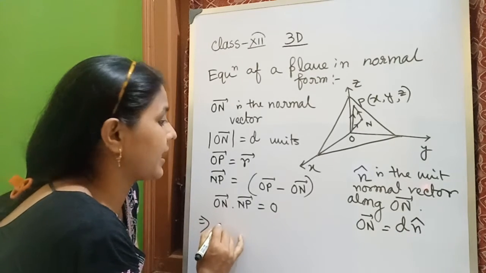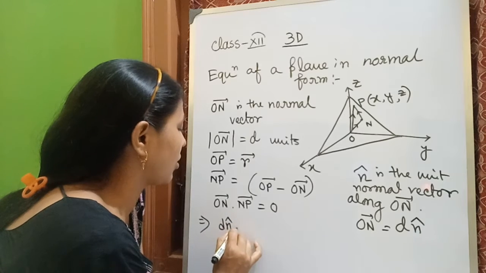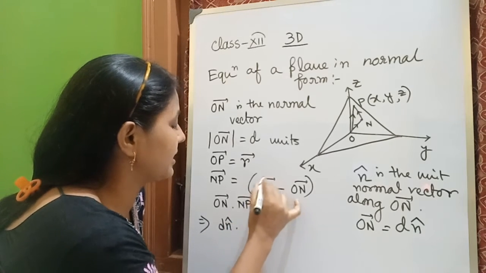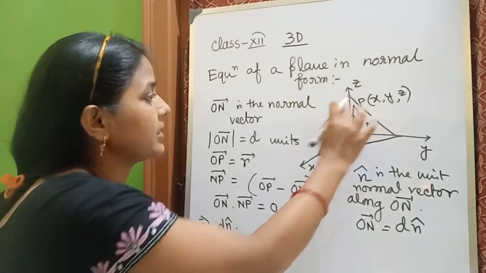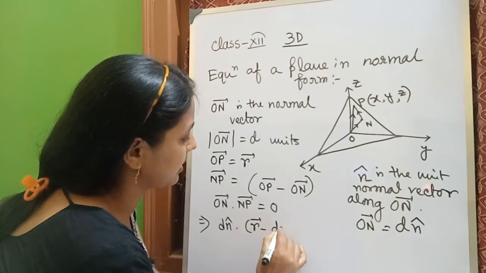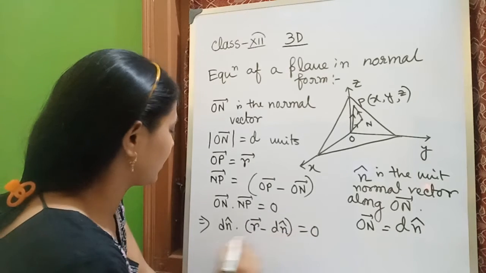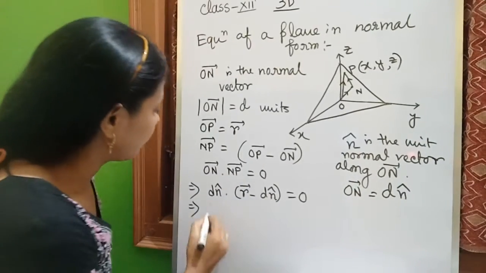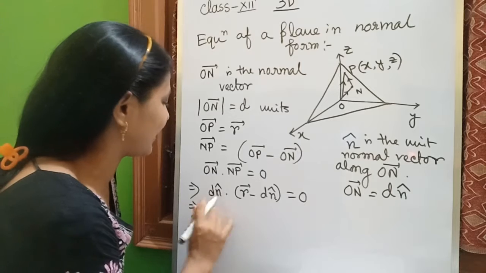Here we can write d n cap dot NP vector, that is r minus d n cap, since OP means r vector, equals 0. From this we can write down the normal dot product and distributive law.